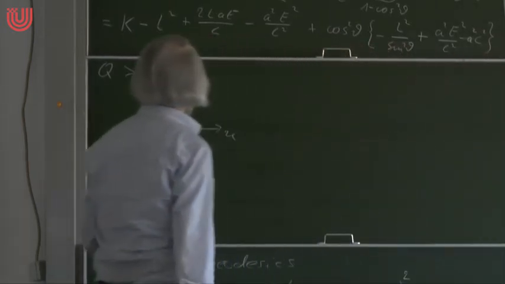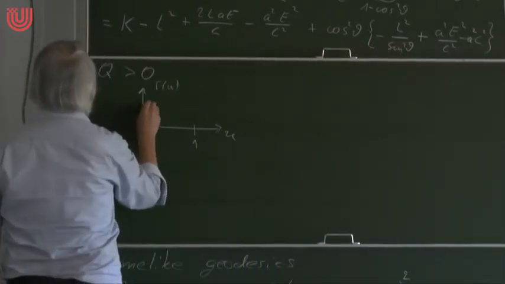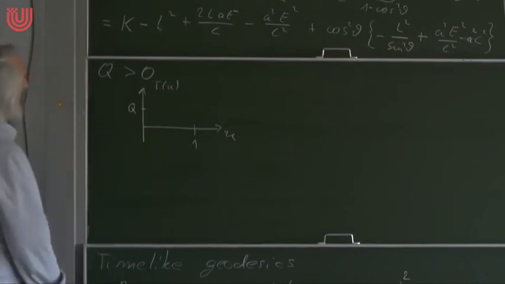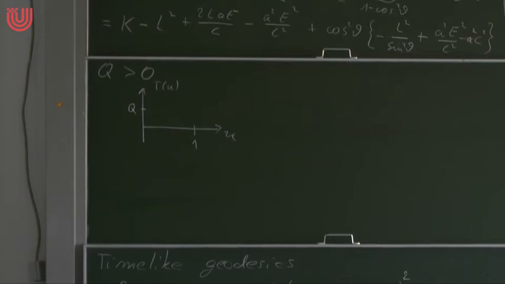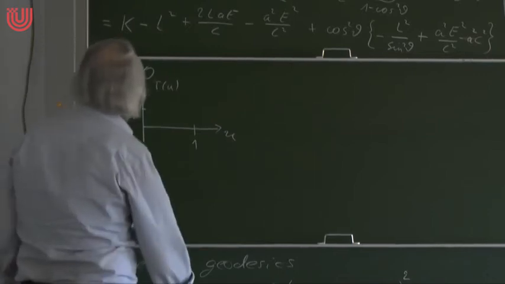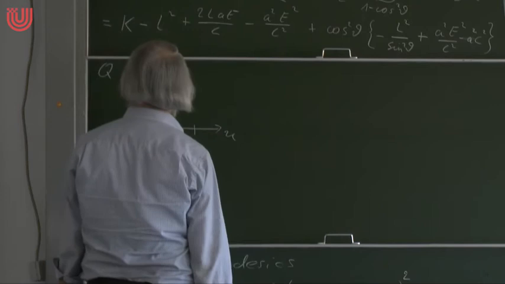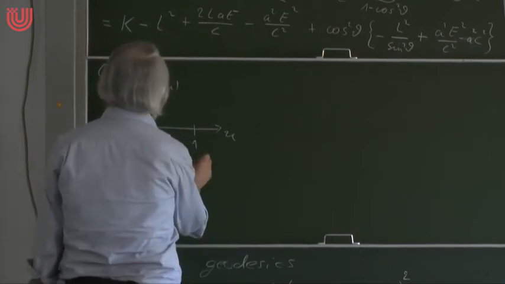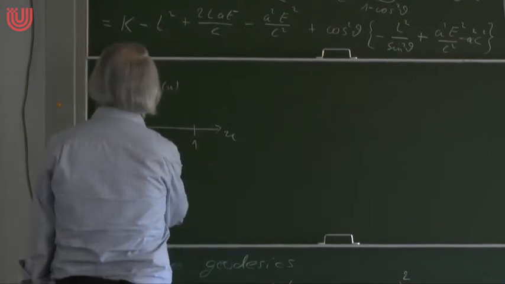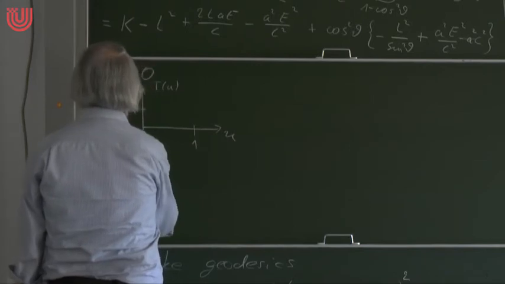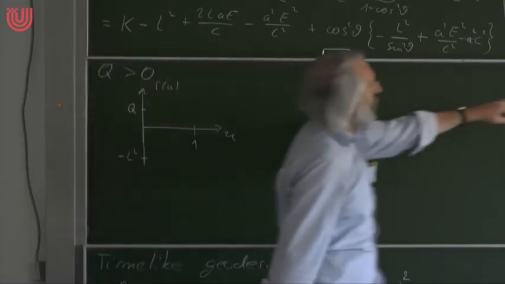So we have to see if it starts at a positive value. It starts here at Q. And it's a parabola, right? A quadratic function is a parabola. Where can it be positive? So there are the following possibilities. And at 1 it takes a value minus L squared.